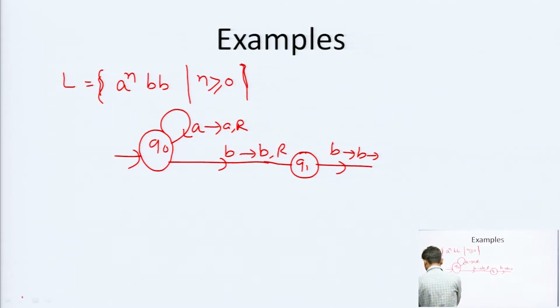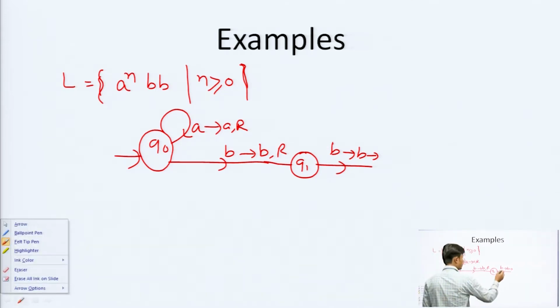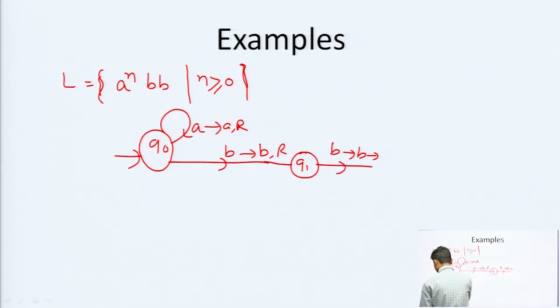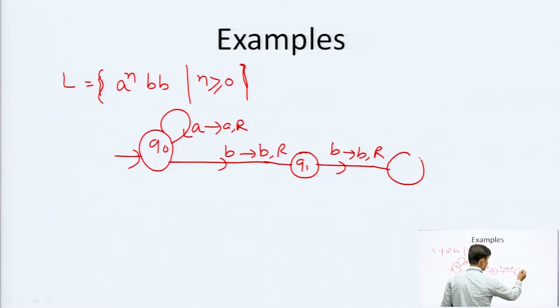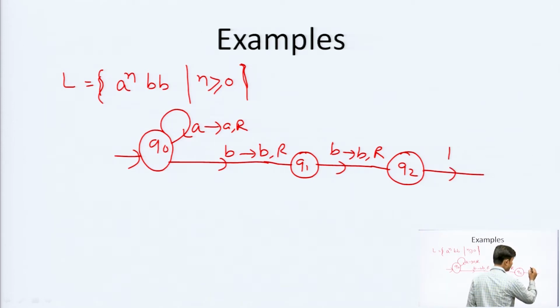Then B, R, then we go to another state, Q2. Here at Q2, when we find the blank B, R, we go to QF, which is our accepted state.